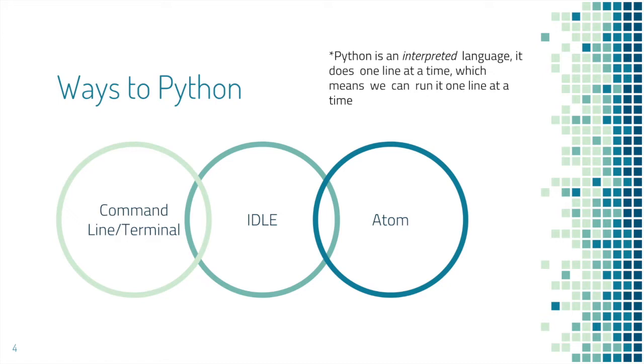So we're actually going to be using the third option, which is a text editor called Atom. And hopefully you've seen this already because we will have installed it in class. If you have any trouble, go ahead and let me know. But Atom is a text editor, and what we do with Atom is we can type and run our code. So we'll do that in just a second.